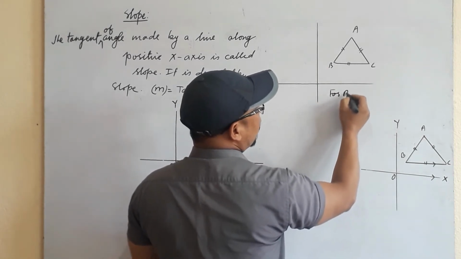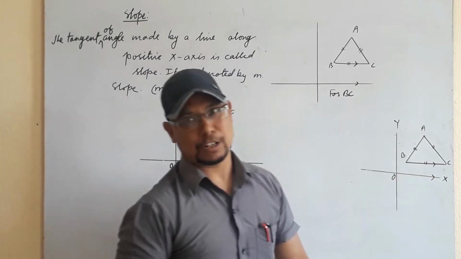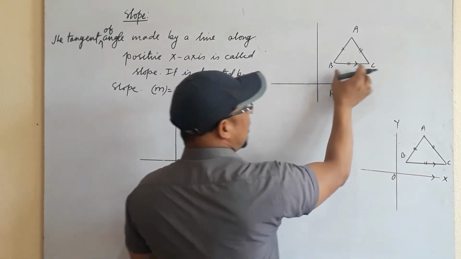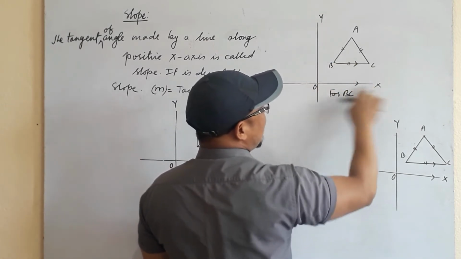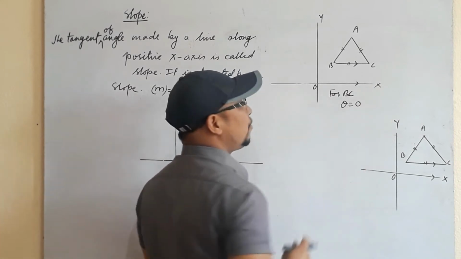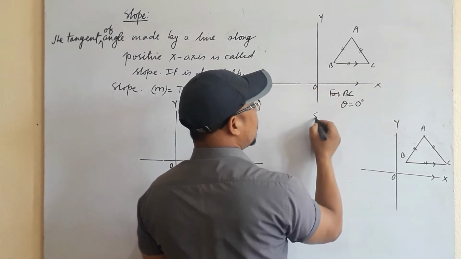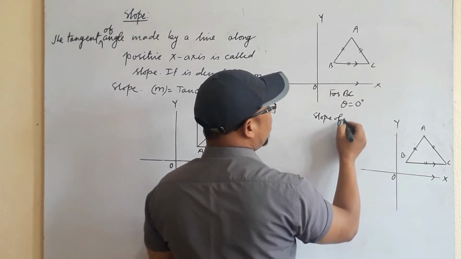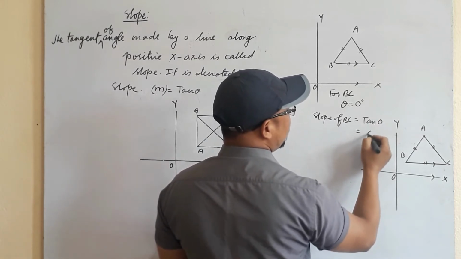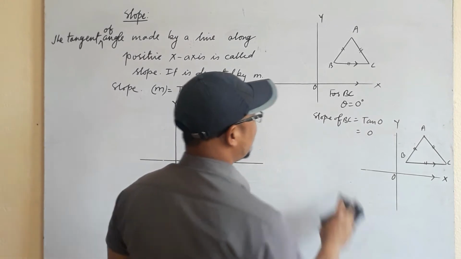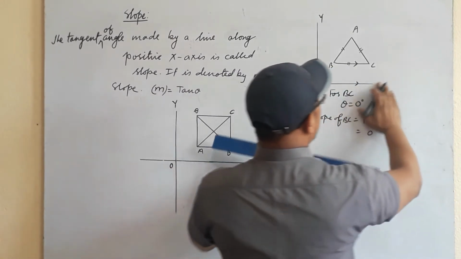For BC, we are given that it is parallel to the x-axis. They always say one side is parallel to the x-axis. If BC is parallel to the x-axis, then the angle between BC and the x-axis is 0 degrees. So the slope of BC is tan theta, which is tan 0, and tan 0 is 0. So the slope of the line BC is 0. Now let's talk about AC and AB.